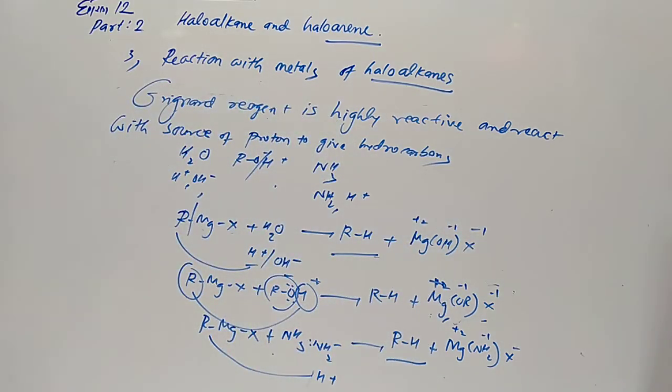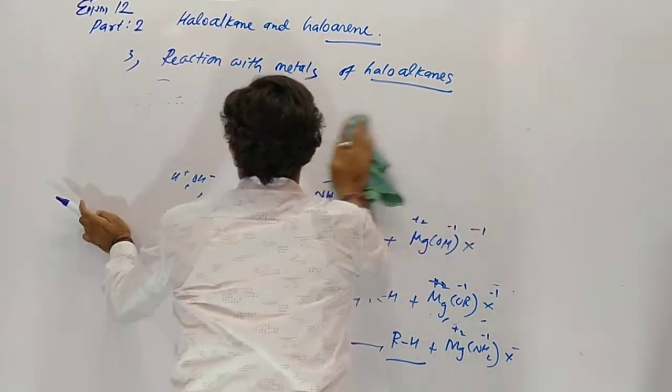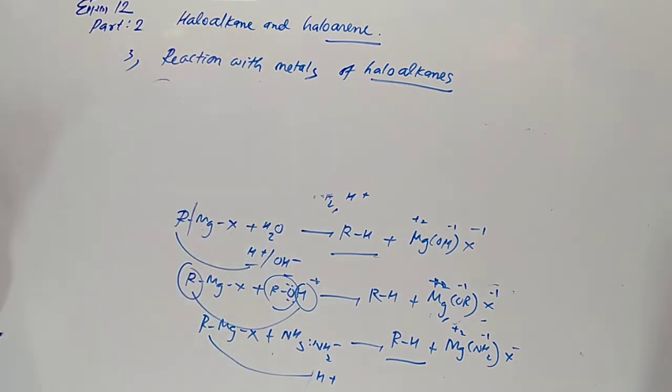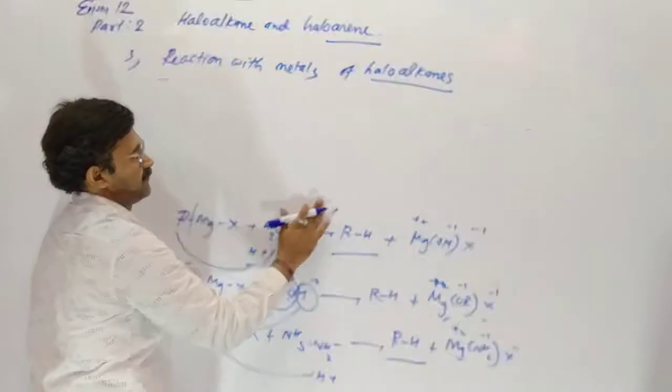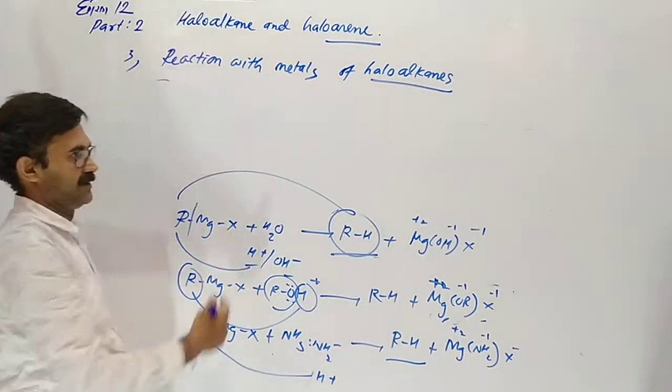It is necessary to avoid even a trace of moisture from a Grignard reagent. Otherwise it converts into hydrocarbon.